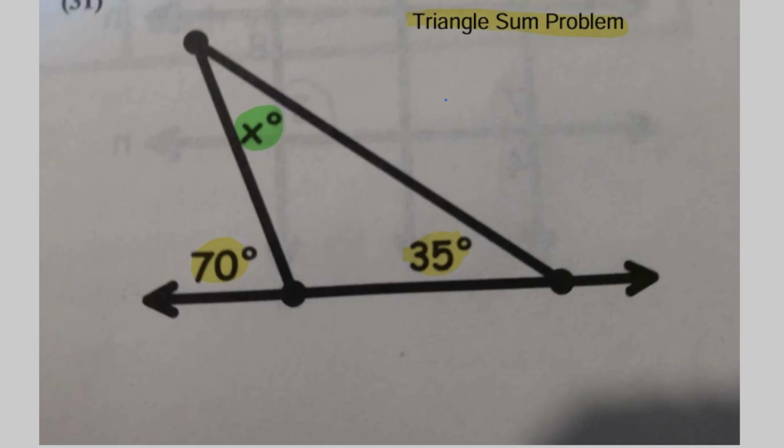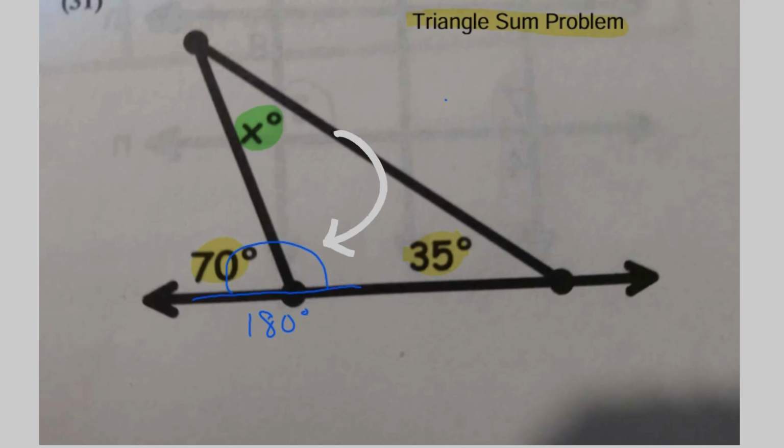Now, what information do we already know? We know that a straight line equals 180 degrees. So we will use that information to find the missing angle.